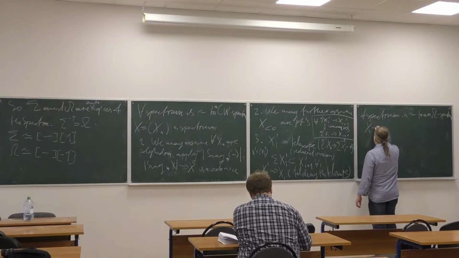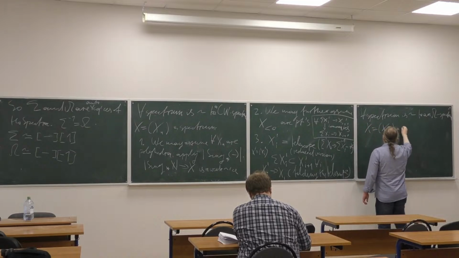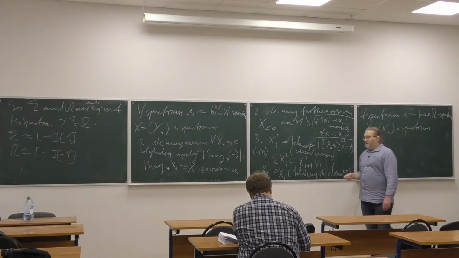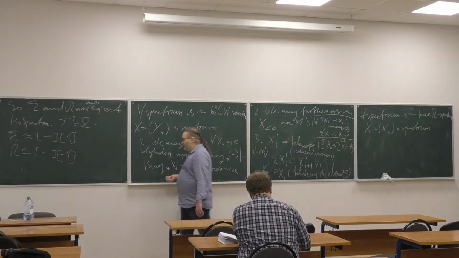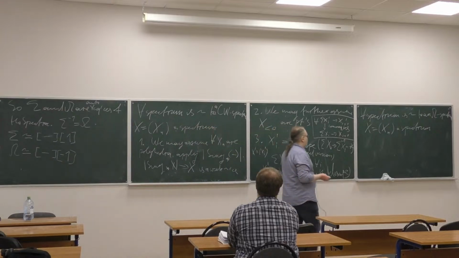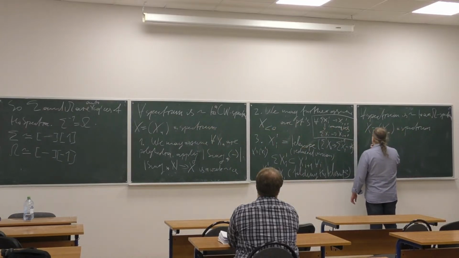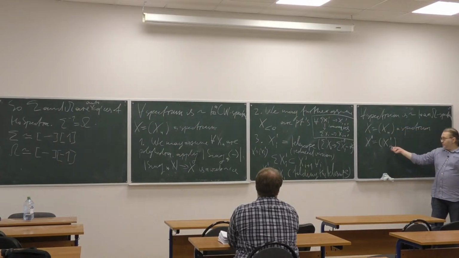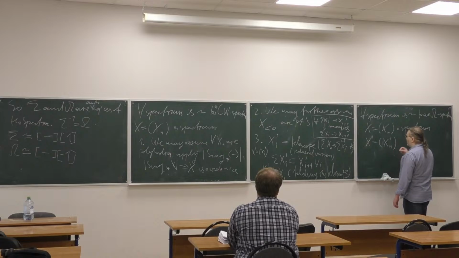Okay, so again, suppose we have a spectrum X and we want to construct another spectrum, which would be an omega spectrum and which would be homotopy equivalent to X, the one we started with.